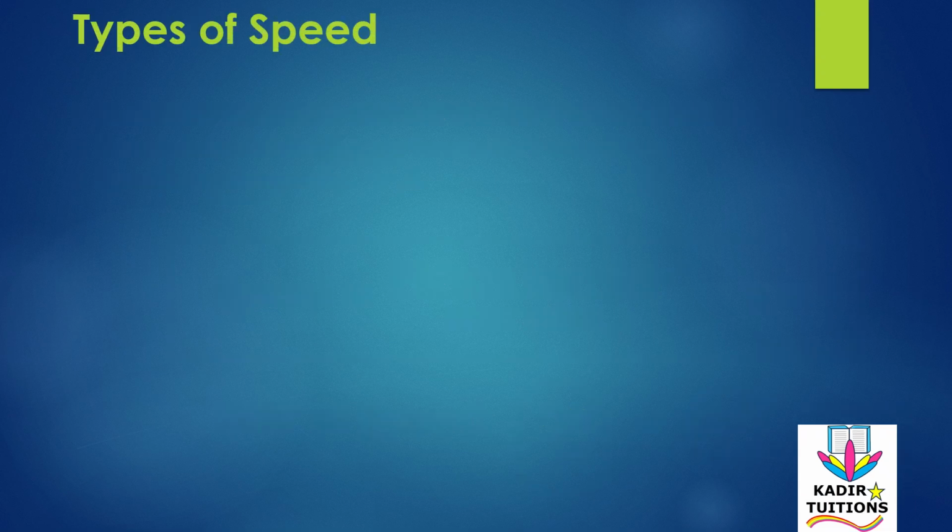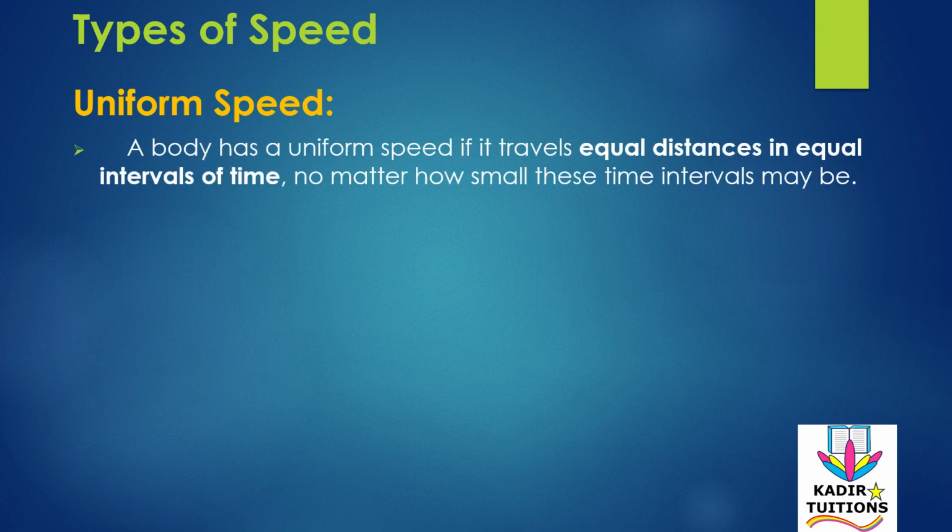So there are two types of speed. One is uniform speed and another one is non-uniform speed. First, we'll see what is uniform speed. If equal distances are covered in equal time intervals, then we can say it is a uniform speed.